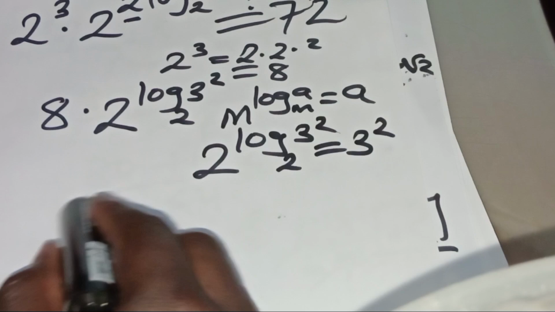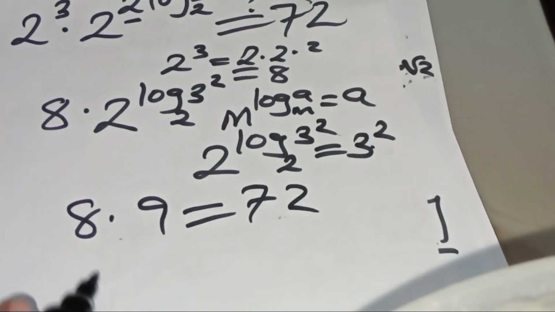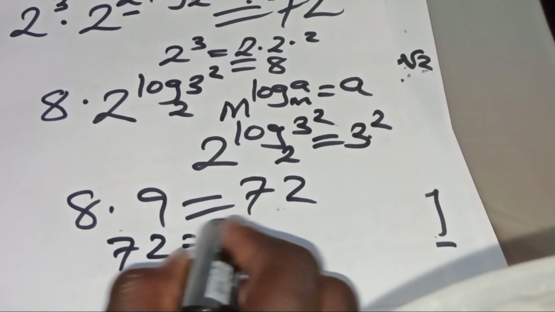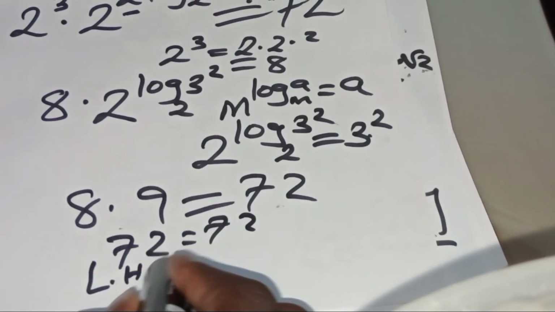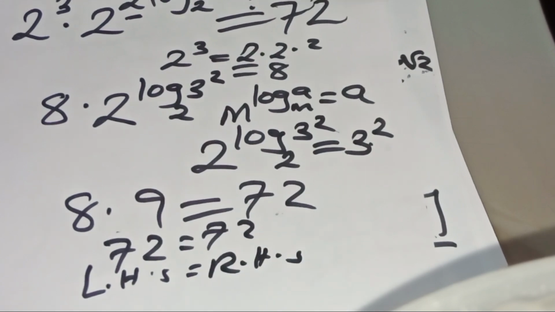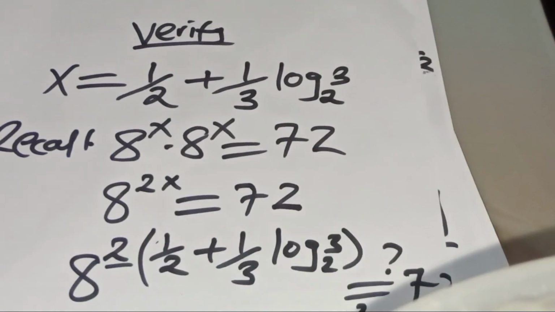So we'll have 8 multiplied by 9, which should give us a value of 72. And it's true, 8 times 9 is 72, and that shows that the left-hand side is definitely equal to the right-hand side. That affirms that the value of x, which is basically half plus a third log 3 to base 2, actually satisfies the equation.